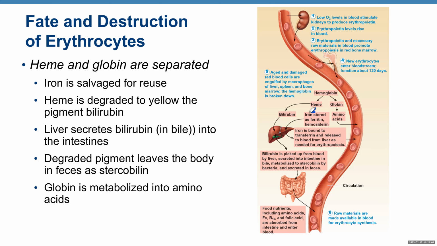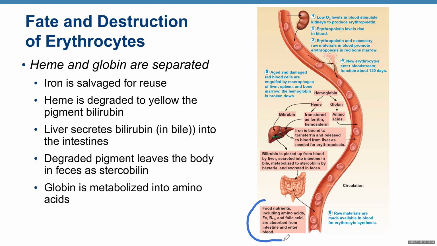Right, so the iron is stored as ferritin in the liver, and when you need it, it gets attached to a special carrier called transferrin and released to the blood, right?